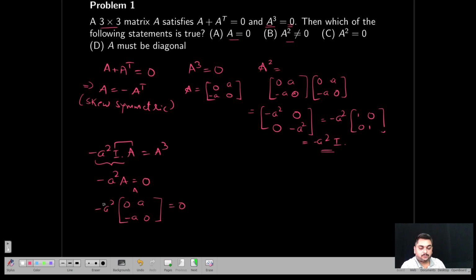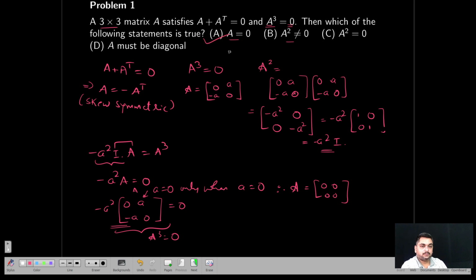When will this be 0? This product is 0 only when I can have A equal to 0. So only when A equal to 0 will this A cube be equal to 0. That means if I put A equal to 0, it becomes a 0 matrix. Therefore, A is equal to the 0 matrix.